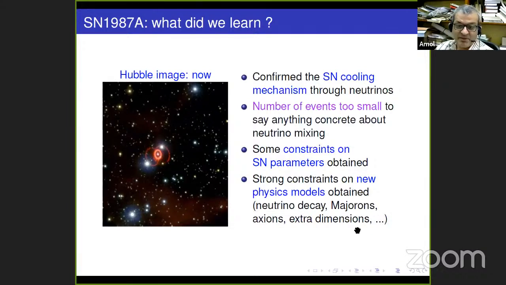Some people said maybe there are extra dimensions and we could see them inside a supernova. However, all these processes would make the star cool down much faster. The fact that we saw neutrinos for about 10 seconds actually told us that at least these scenarios are not very strong.